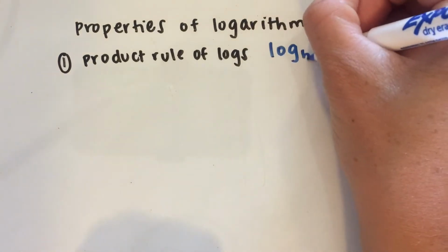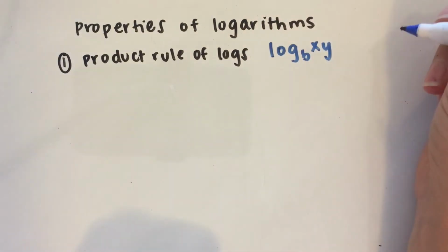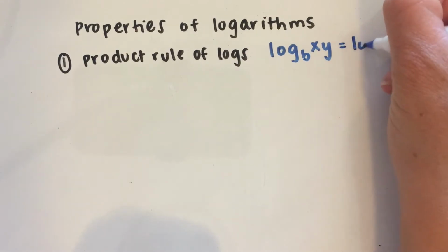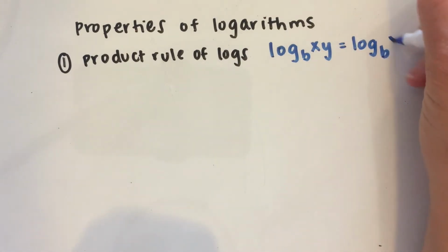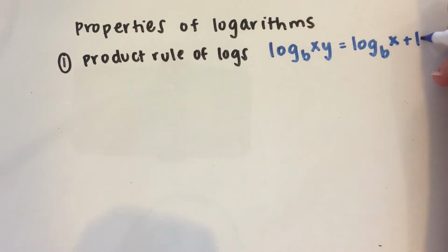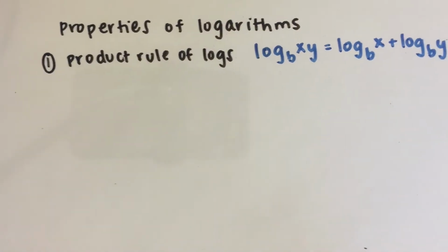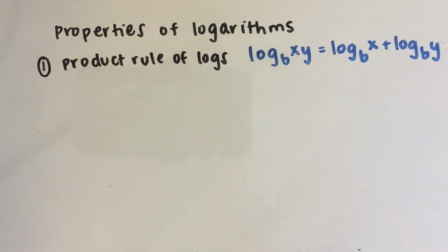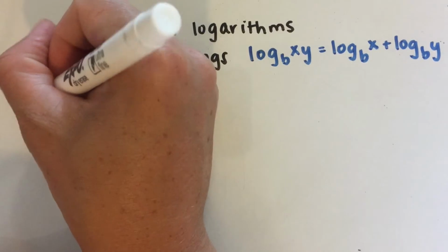And this rule states that if you have log base b of x times y, that's the same as log base b of x plus log base b of y. So if we have multiplication, we can expand that into addition.